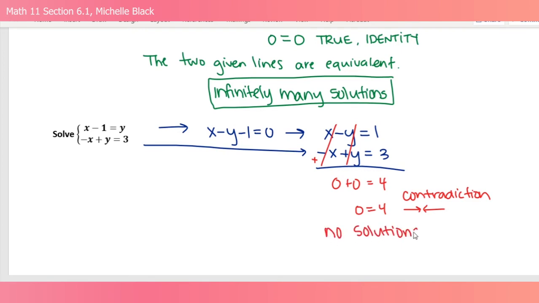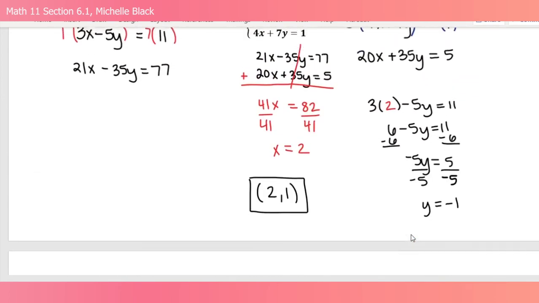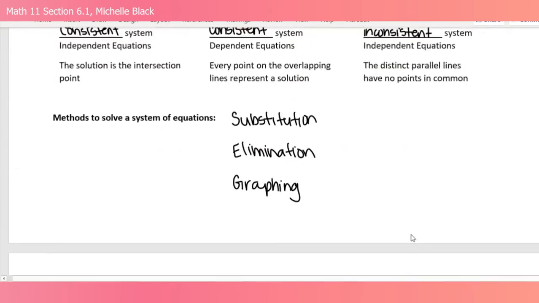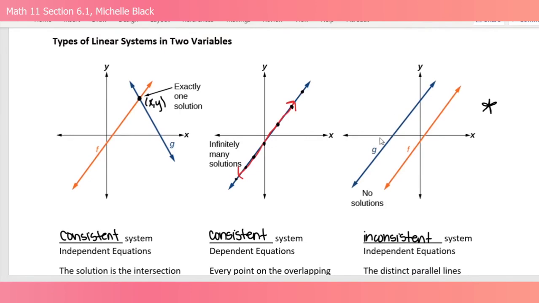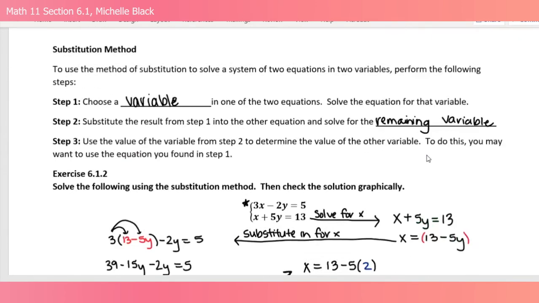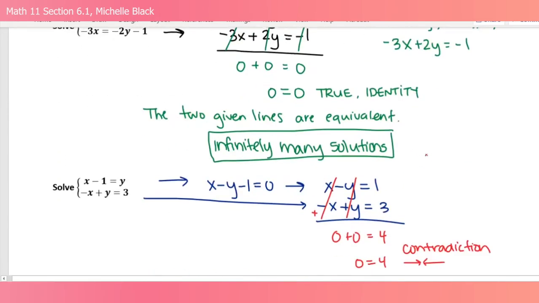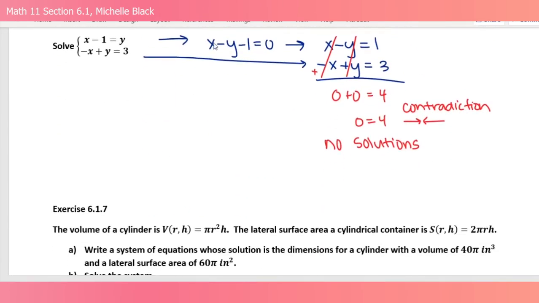If you think back to the lines we had when we had the picture, the case that has no solutions is when we have parallel lines, meaning that our lines never intersect each other. And notice, if I write both of these as y equals mx plus b, the top one I'm just writing with the y on the other side.